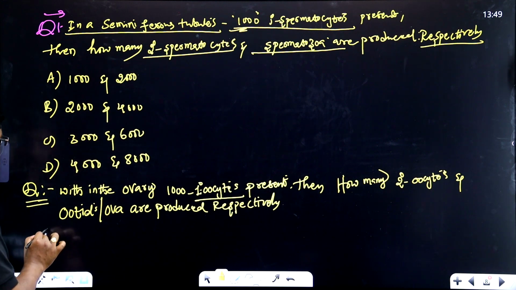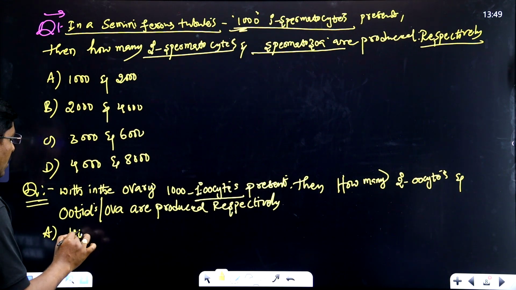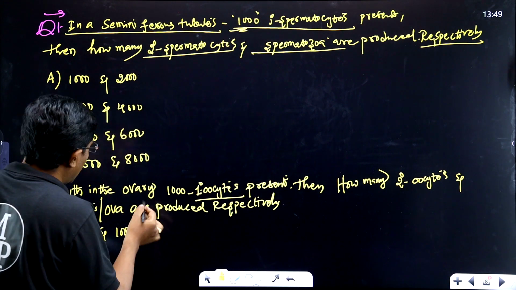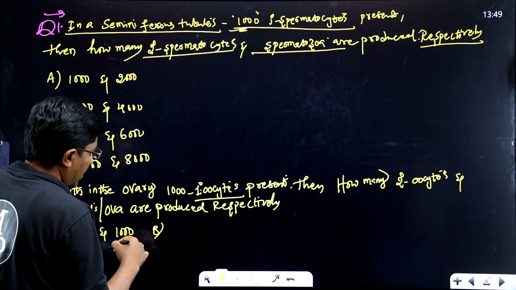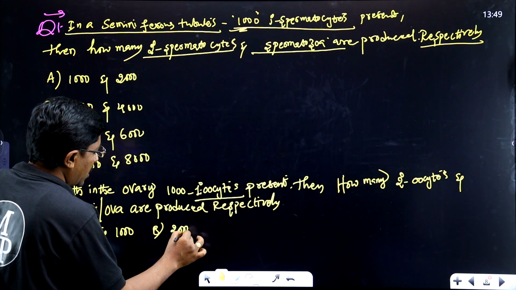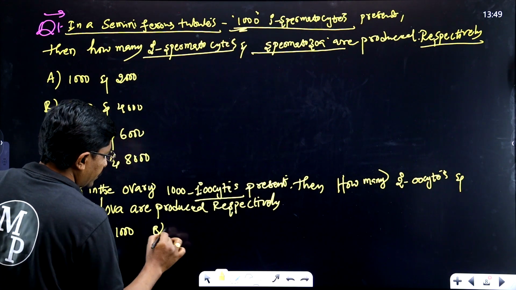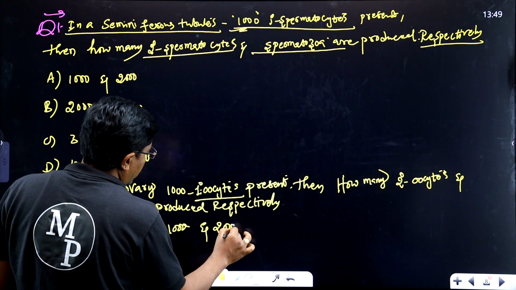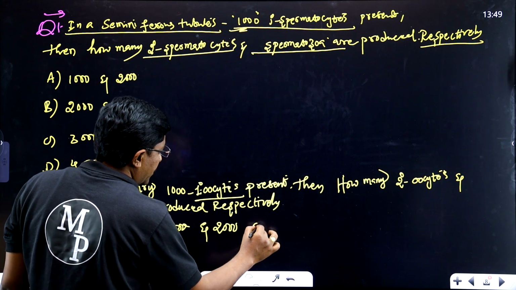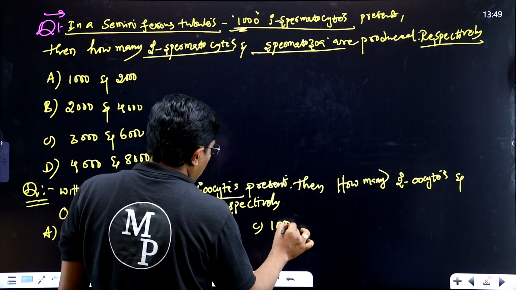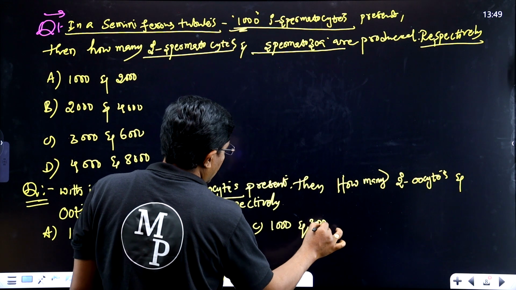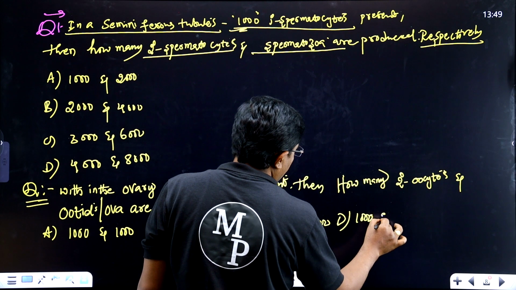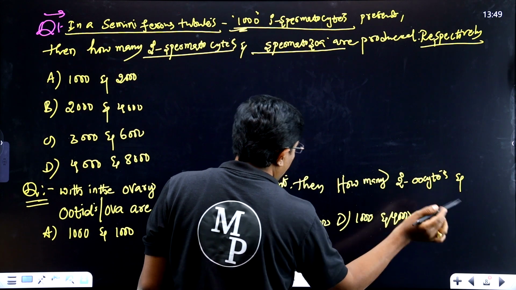The options here: A, 1000 and 1000; B, 2000 and 2000 or 1000 and 2000; option C, 1000 and 3000; option D, 1000 and 4000.